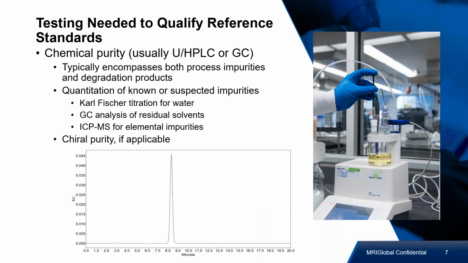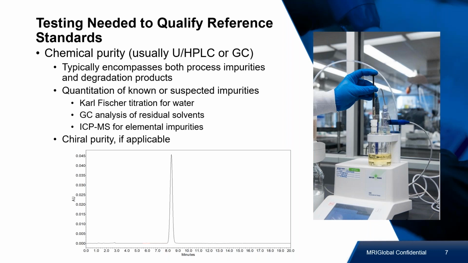Now, getting into purity testing, chemical purity is, of course, typically the most critical test for your standard. That's usually an HPLC or UHPLC analysis, sometimes GC, or even sometimes QNMR. And that will typically encompass both your process impurities and your degradation products.